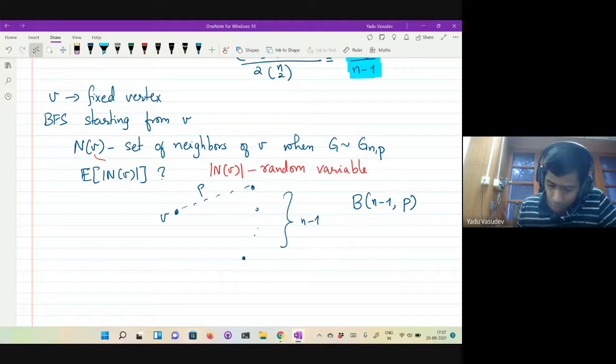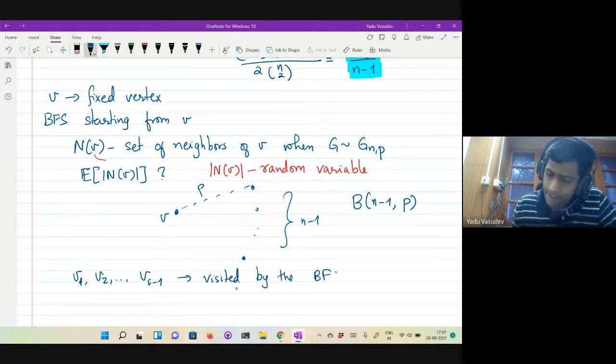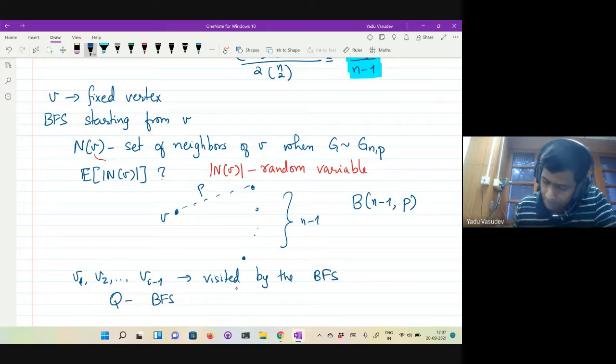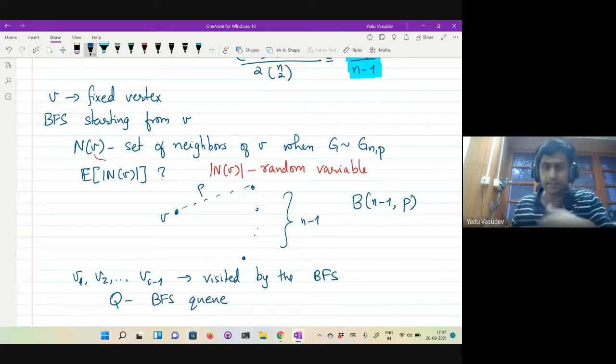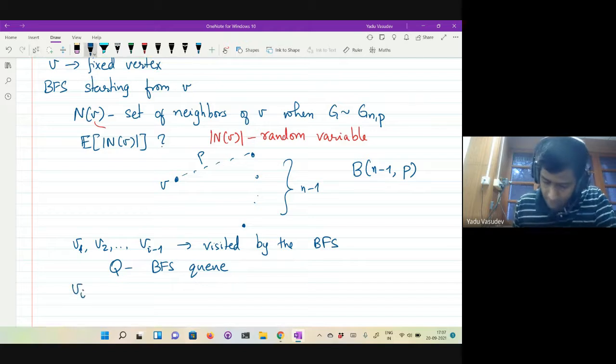Let's say you do the BFS, and you have the vertices V1, V2 up till V(i-1) that have been visited by the BFS, and there is some queue, the BFS queue, where you have been adding the neighbors to continue the search. Let's say you start with the vertex Vi, the ith step of the BFS.